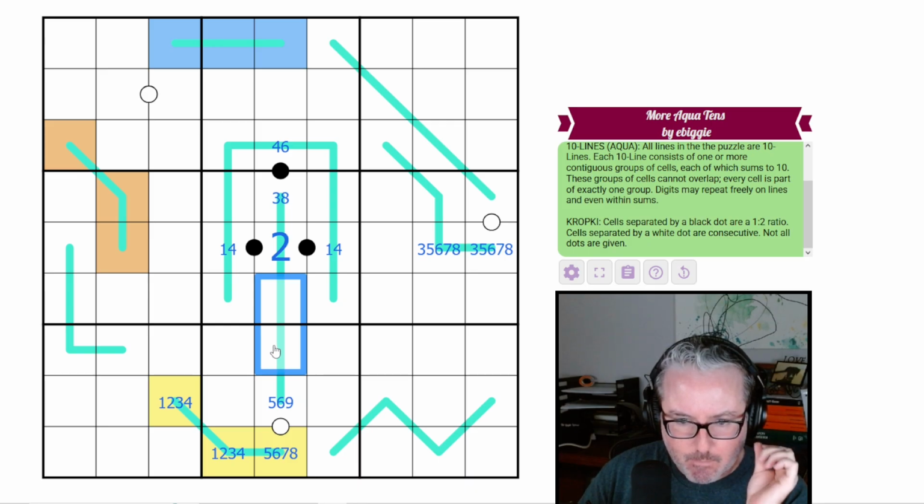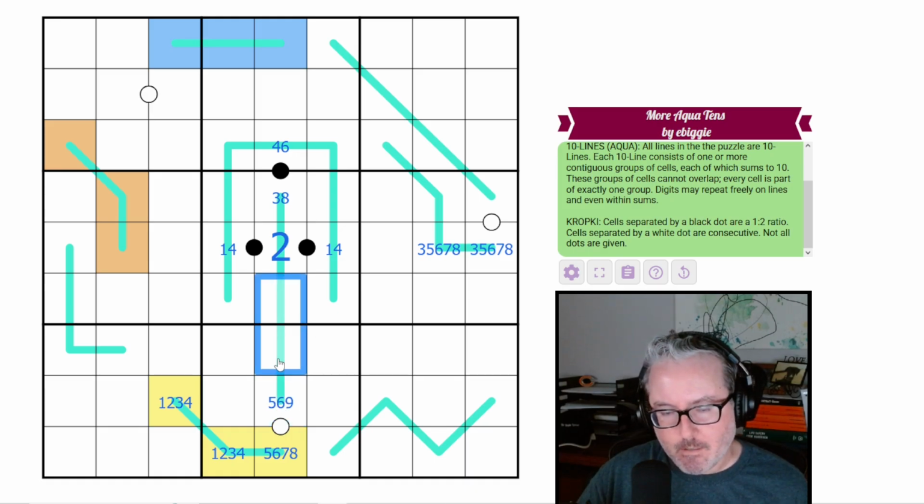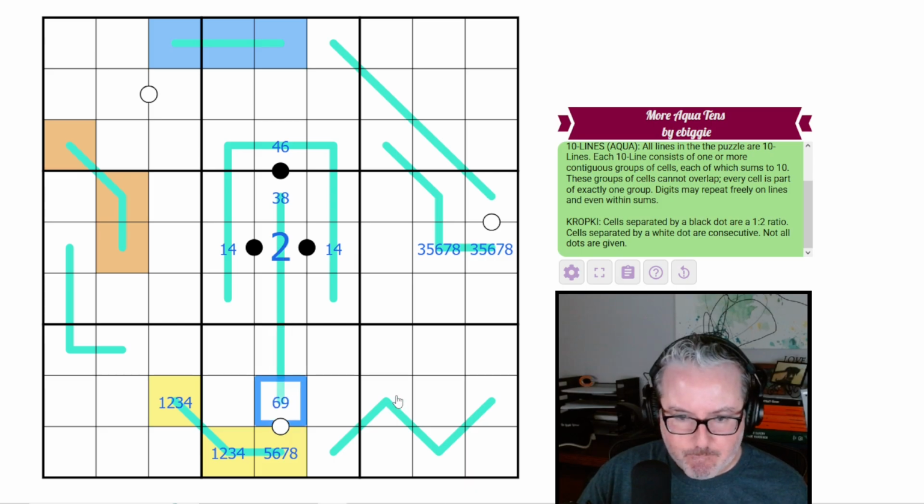We said that before. Because no matter what, if this is 5, it forces these to be 2 digits that add to 5, because obviously you can't have a 5-5 pair. And we just previously stated we can never make that work because this would be forced to be a 3 and this would be a 2 and break. This is not 5. This can't be 6 or 7.